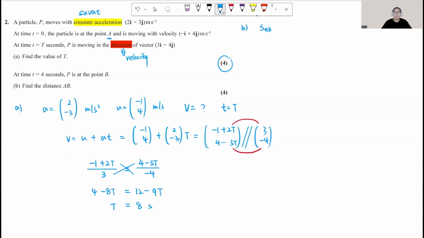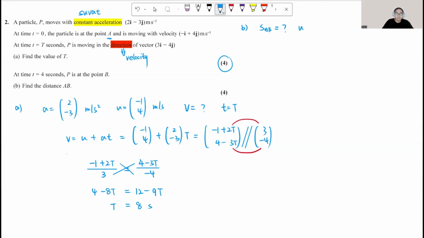Once we find the displacement of AB, distance is just the magnitude of the displacement vector. So once we find the displacement, we can just take the magnitude of that vector and we get the answer. So A will be our starting point.